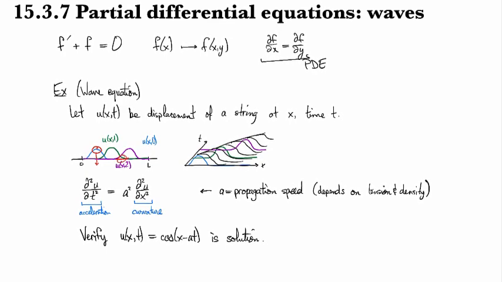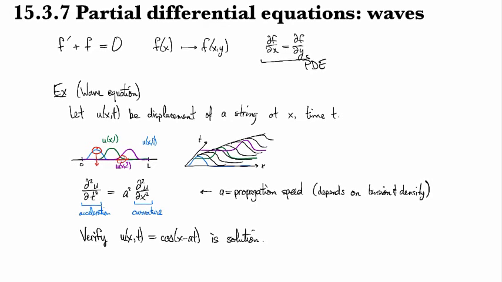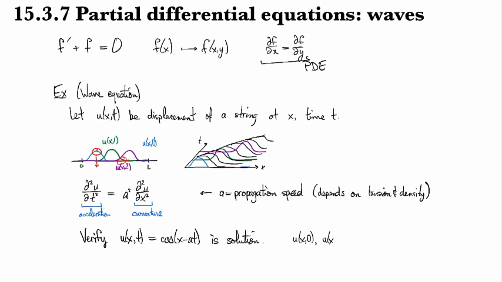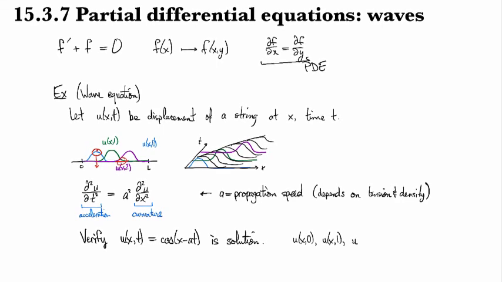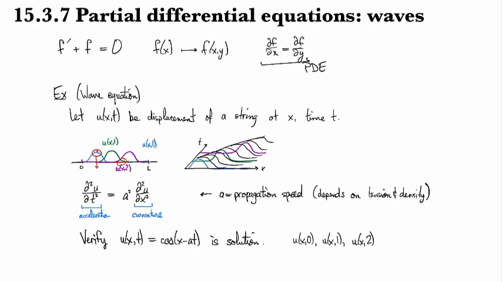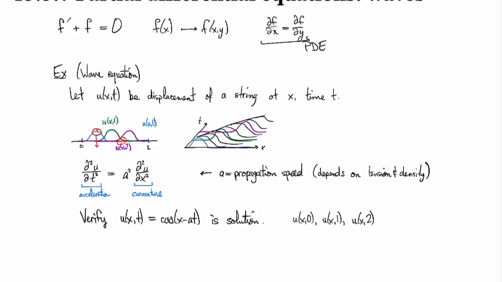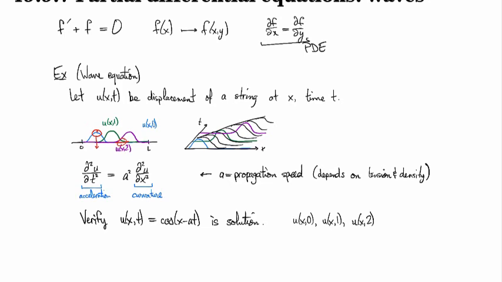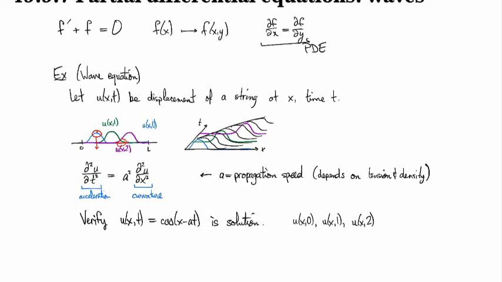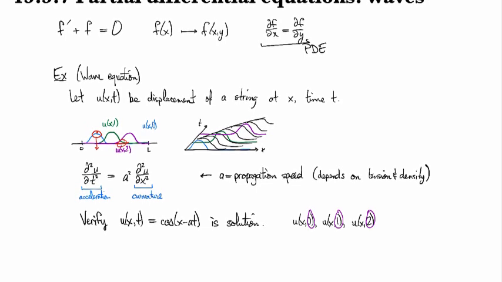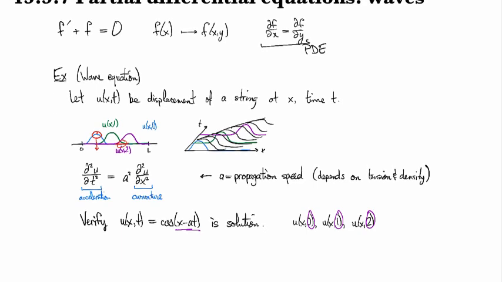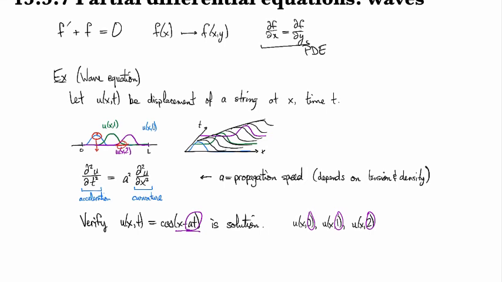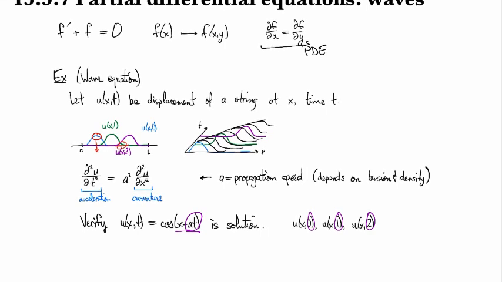It should make sense that this is a solution, because if we look at u at times 0, 1, and 2, we see something just like the picture I drew at the outset. The wave is shifted to the side by a times t, because this says we take cosine of x and shift it to the right by a times t.